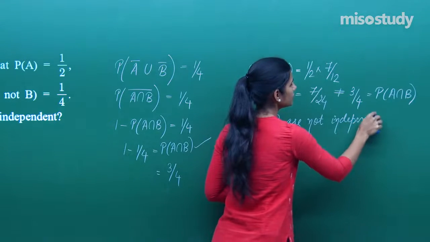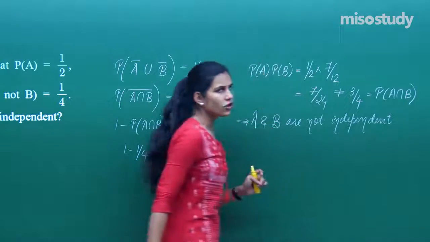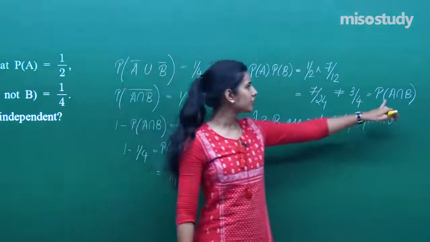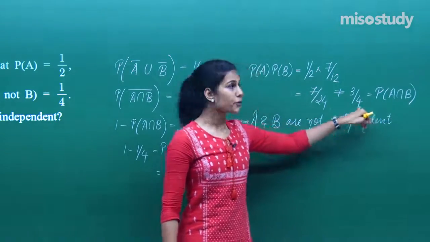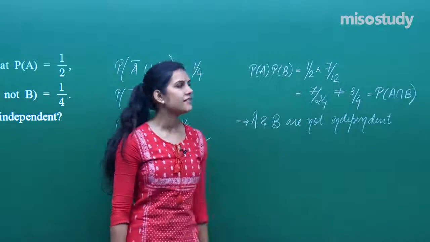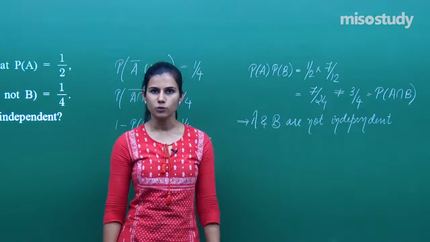Is it understood? They are not independent, because probability of simultaneous occurrence of A and B is 3 by 4, but the product of their individual probabilities is 7 by 24, which is unequal.